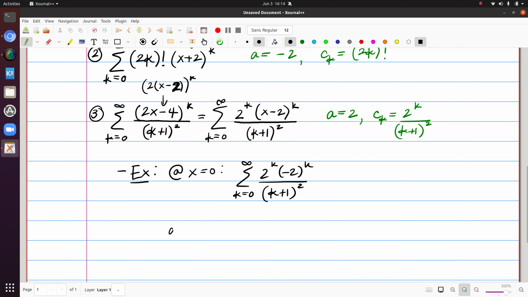If I were going to plug in, let's say 3, well, in that case, the resulting series would be 2 to the k times 1 to the k, or 1, over k plus 1 squared. So essentially, each time I plug in a new value of x to my power series, I get a different series. And you can imagine that there are infinitely many choices of x that we could plug in there.